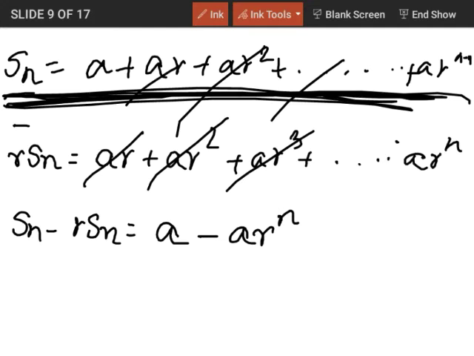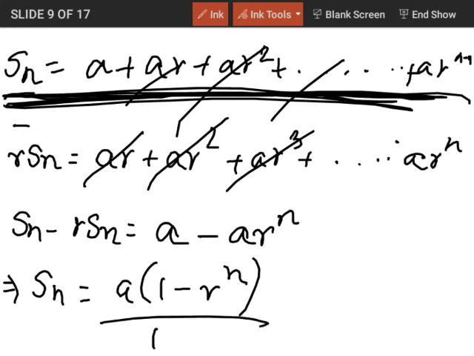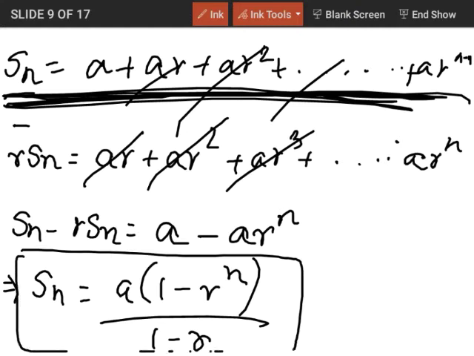Correct? This is what we will be left with. Now if you simplify it, Sn will be (a minus ar^n) upon (1 minus r). Correct? Now this is your answer.